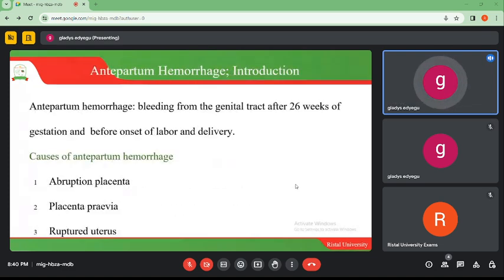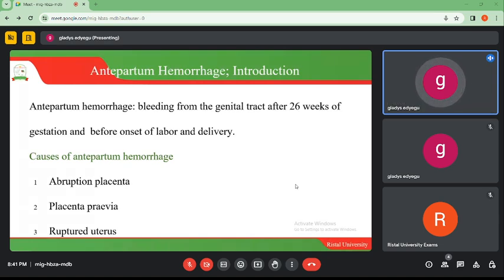So in the definition of antepartum hemorrhage, I want to say that antepartum hemorrhage is bleeding from the genital tract after 26 weeks of gestation and before onset of labor and delivery. As the word says, antepartum is before. I usually used to say that antepartum hemorrhage is from 26 weeks of gestation.